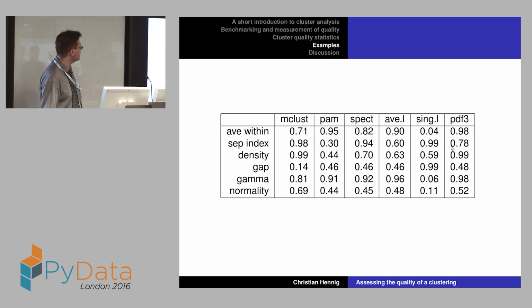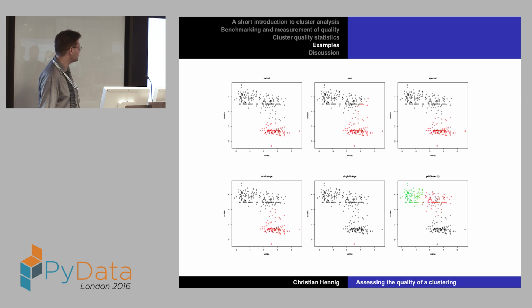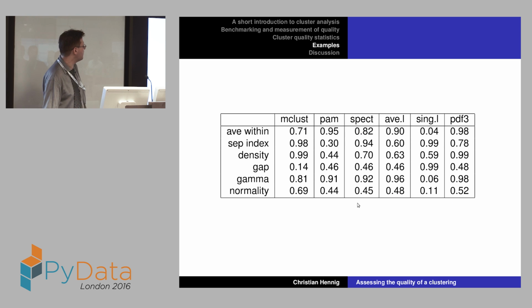Then the strange single linkage clustering is pretty good in some respects. For example, the separation is very good because this cluster here is as well separated as possible in the data set from the rest. Whereas it's pretty bad regarding some other criteria, like average within cluster distance. It's not particularly good, as I showed you before.